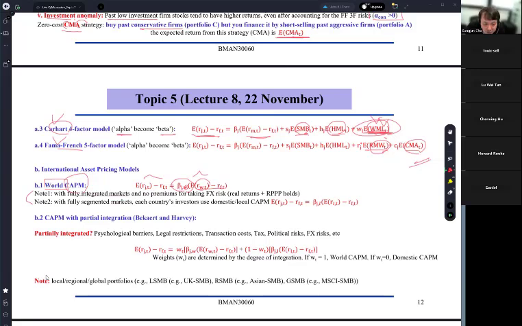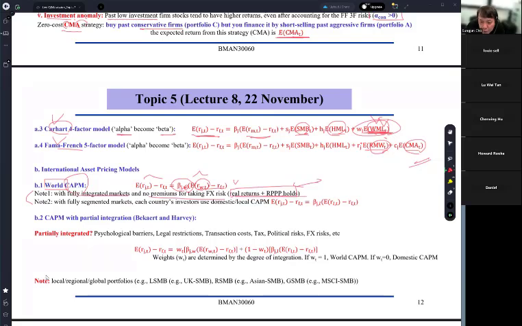Now, when can we use this asset pricing model? With a fully integrated market, where everyone is free to invest into any risky asset in the world, and we assume there is no premium for taking FX risk. Well, is this realistic? When we use real return and assume relative PPP holds, we may be able to use this model. We talk about this in portfolio diversification.